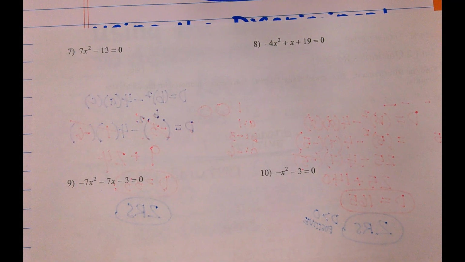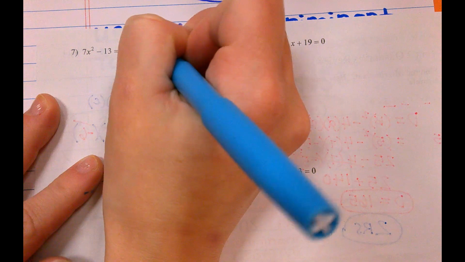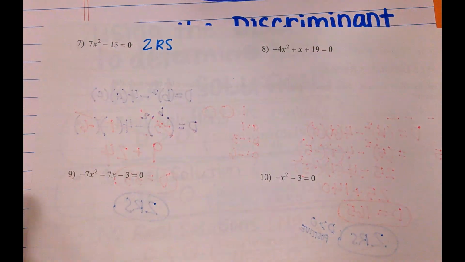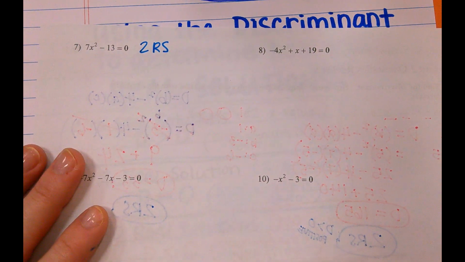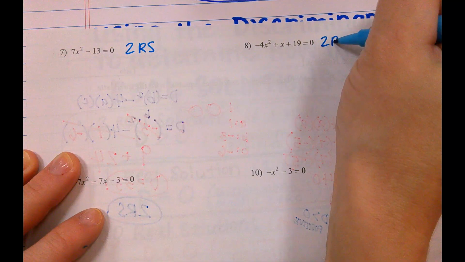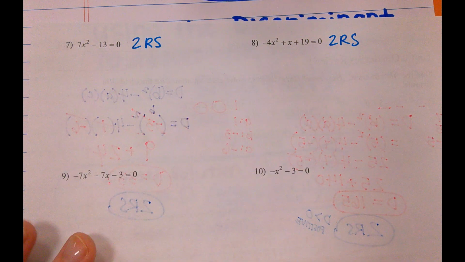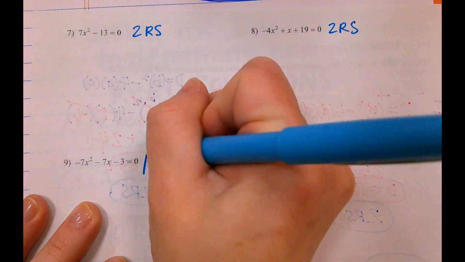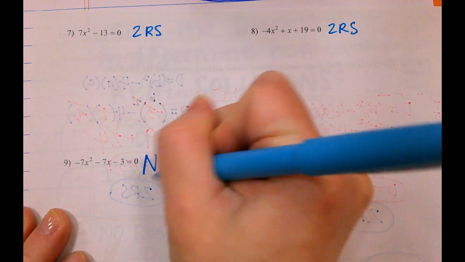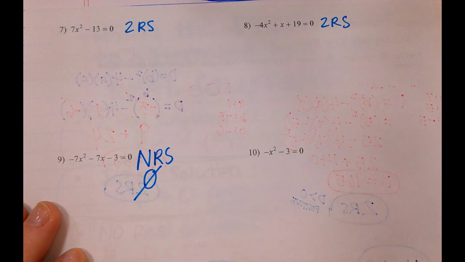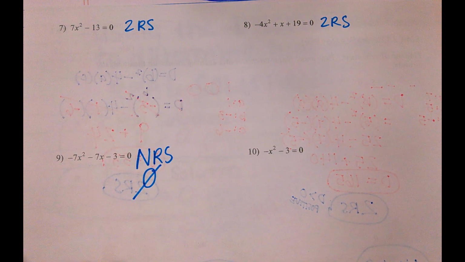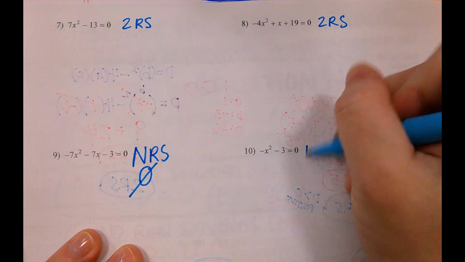Number 7, you should get 2 real solutions. Number 8, you should get 2 real solutions again. Number 9, no real solutions. Number 10, no real solutions again.